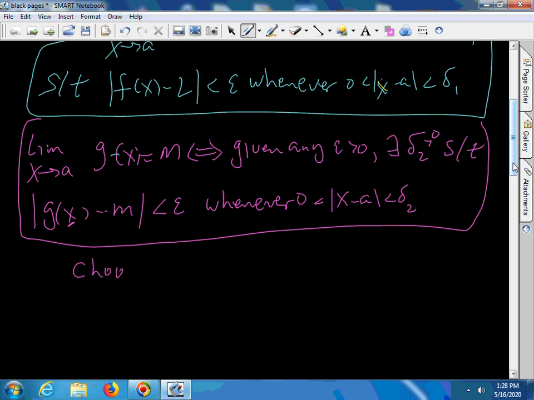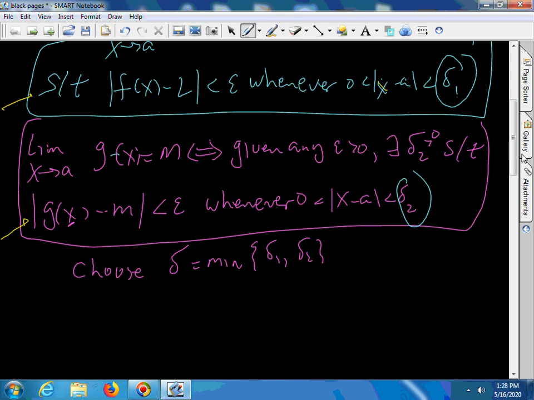So I am going to choose delta equal to the min, the least, of those two. Okay. So I'm just going to recopy this line and this line, but I'm going to change just one thing. I'm going to call it delta.